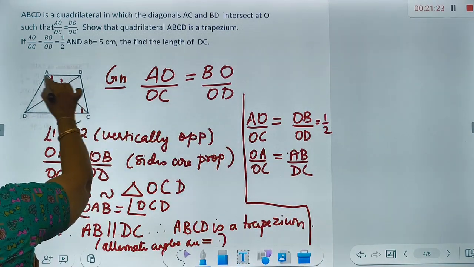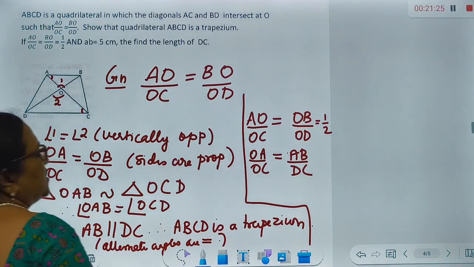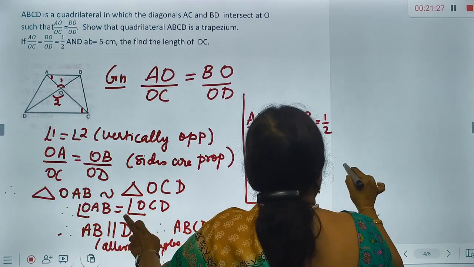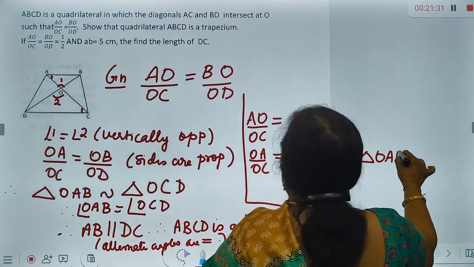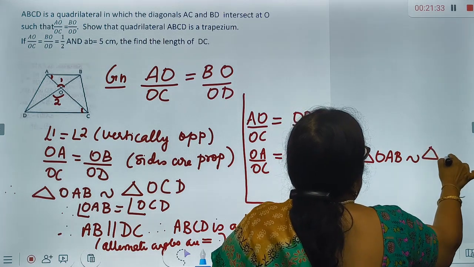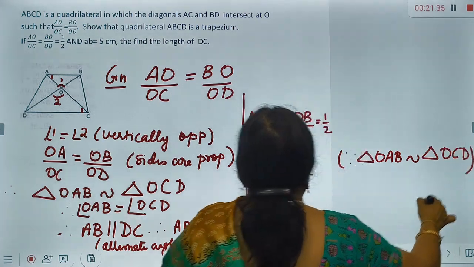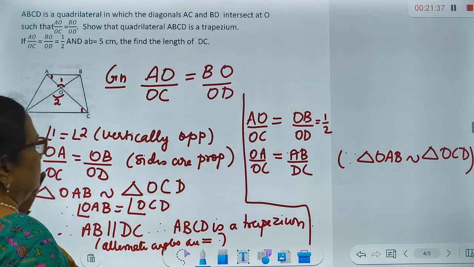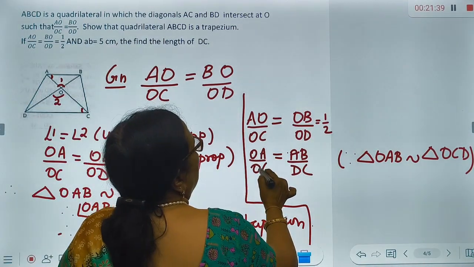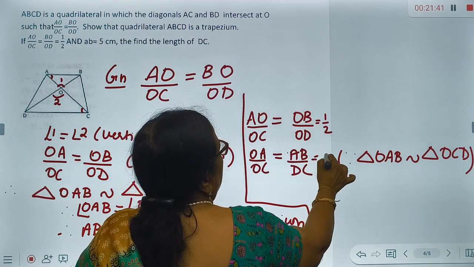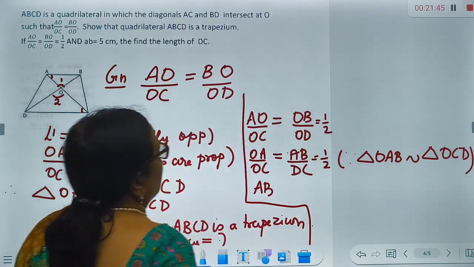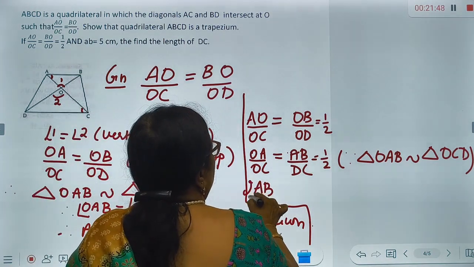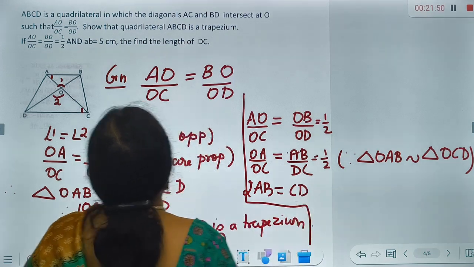Because triangle OAB is similar to triangle OCD. Now, OA by OC is half, so twice AB equal to CD.